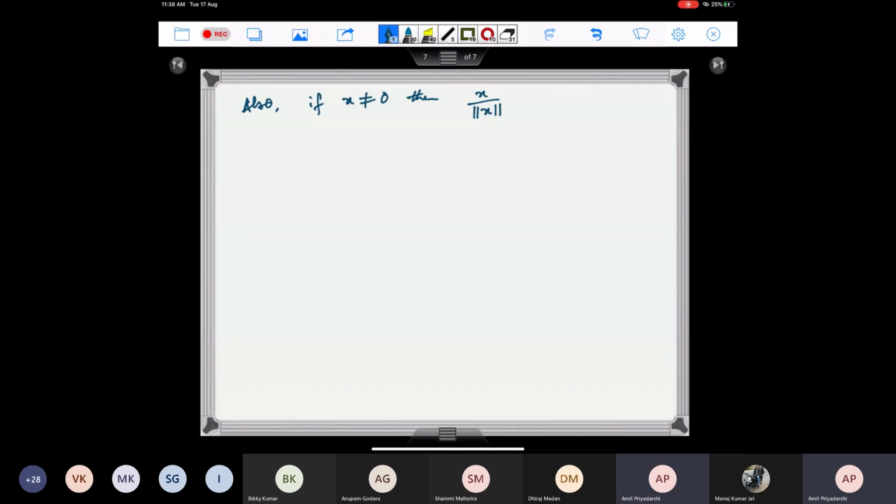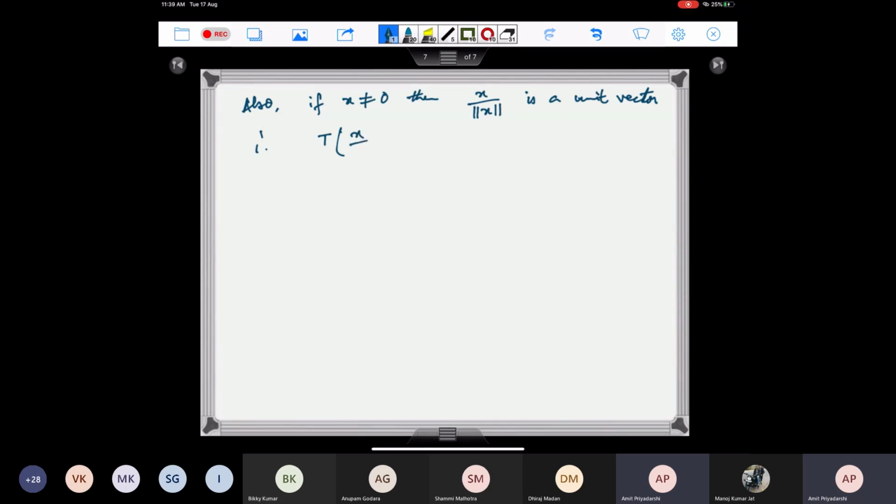So if we look at T of x by norm x, this will be less than or equal to alpha, right?